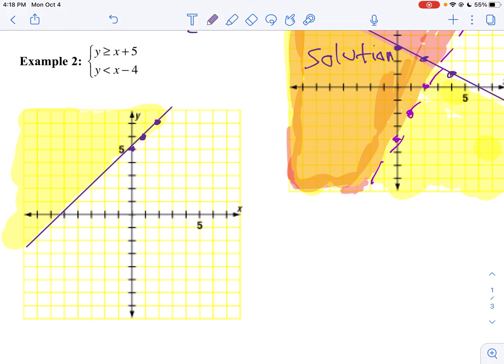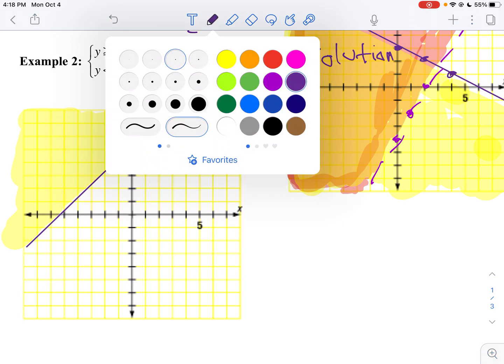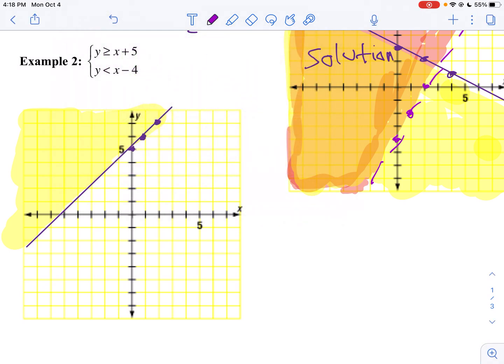Now, if I look at the next problem, I'm going to do x minus 4. So I'm going to go down 4. 1, 2, 3, 4. And then I'm going to go up 1 and over 1, just like I did before. And this will be a dashed line.